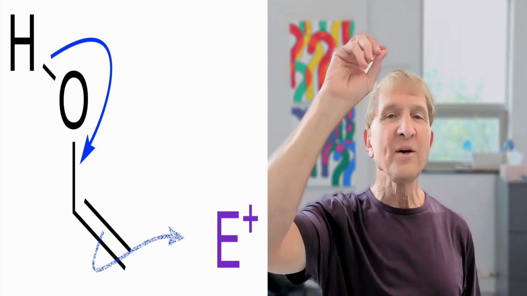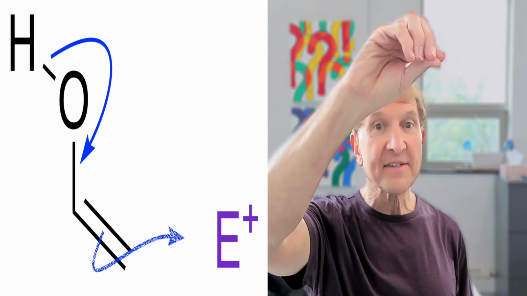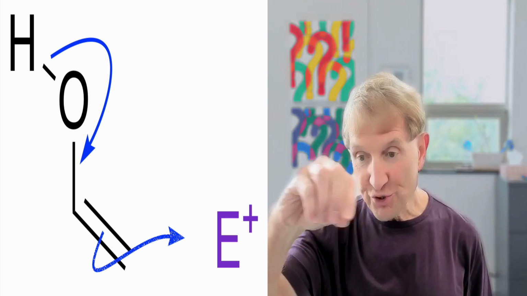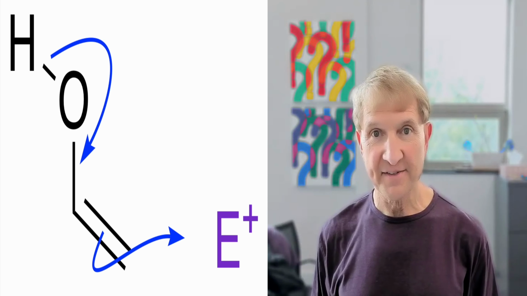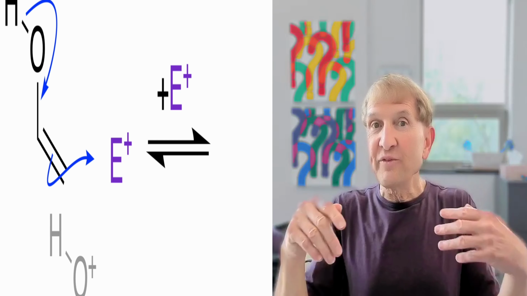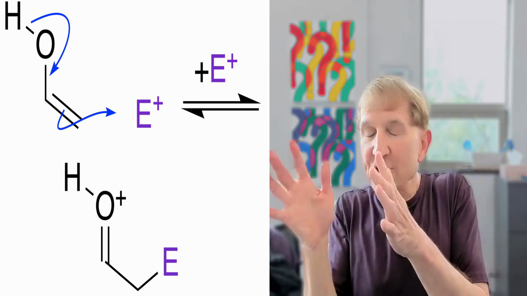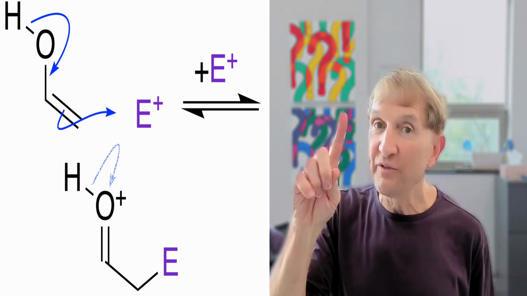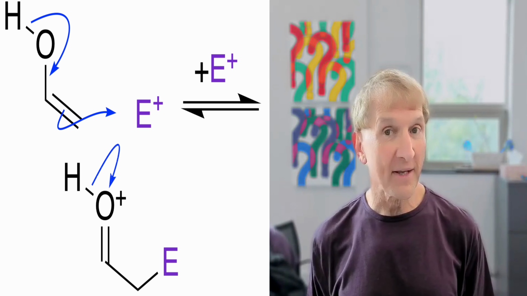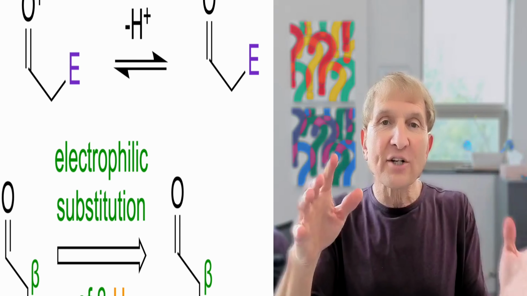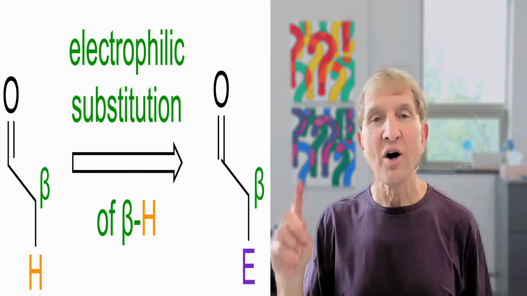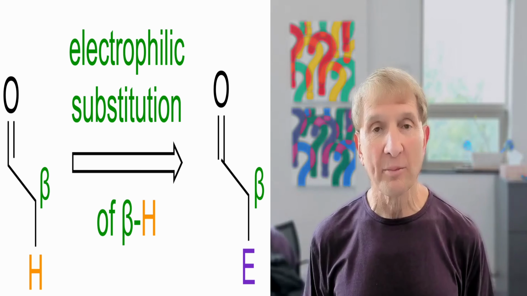Put your pen where the electron density is, that's the O-H bond, and push towards the electrophile, and that's E+ in this case. So what have we done? We've got now a carbonyl with the electrophile on the beta position. We've lost a hydrogen from that same position. So effectively, we've done an electrophilic substitution of a hydrogen on the beta carbon.